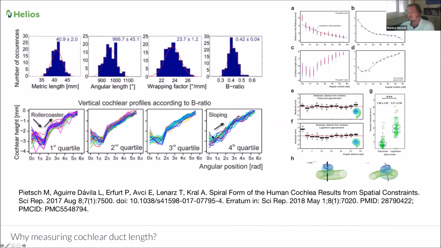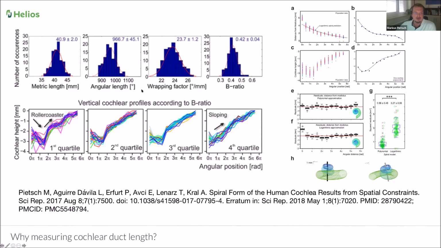There's a kind of sloping profile. So there are these different variable portions of the cochlea. You find different profiles of the cochlear duct, and this might be very interesting for insertion forces and for destruction you might find when inserting an electrode into the cochlea.